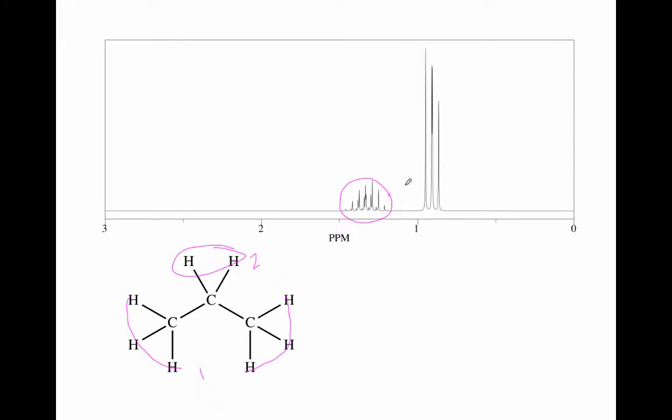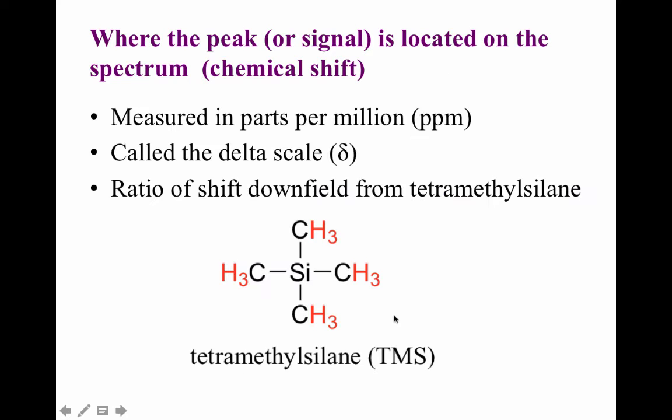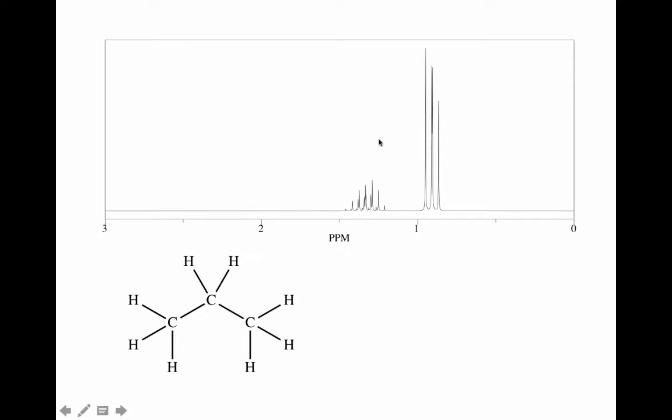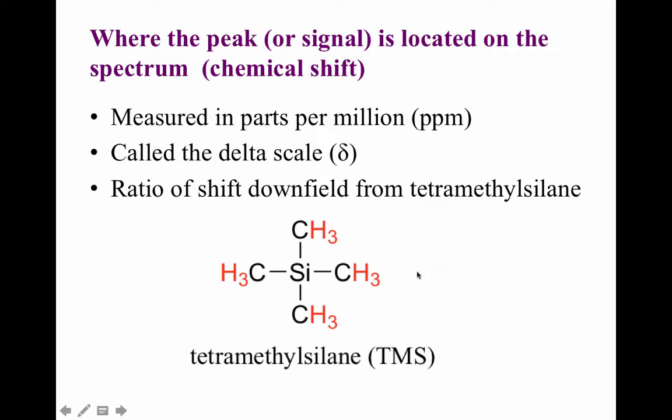This counts as one peak, and this counts as one peak. So those are the two peaks. Now if you notice, these two peaks are on this scale, parts per million. The location of this peak is going to be important, and that's what we're going to talk about next.